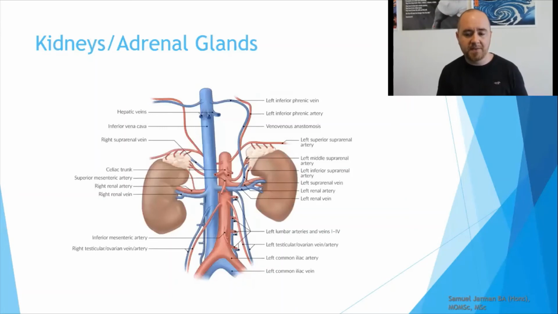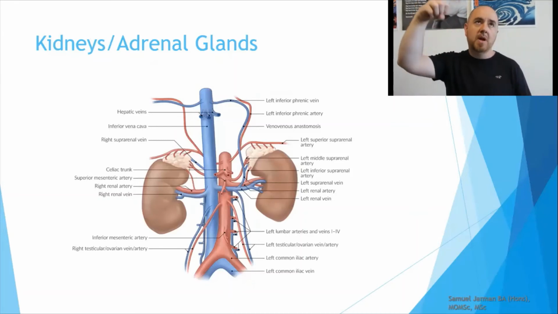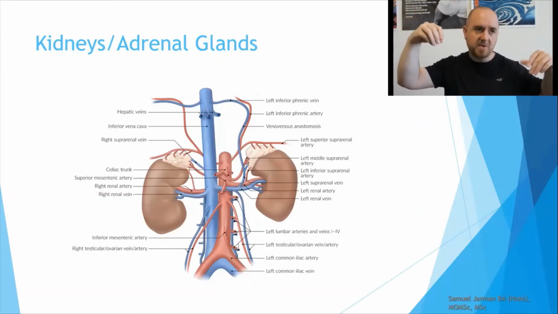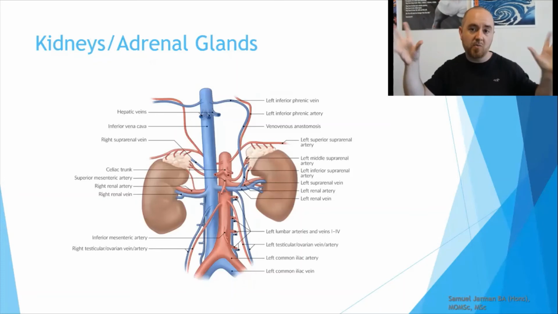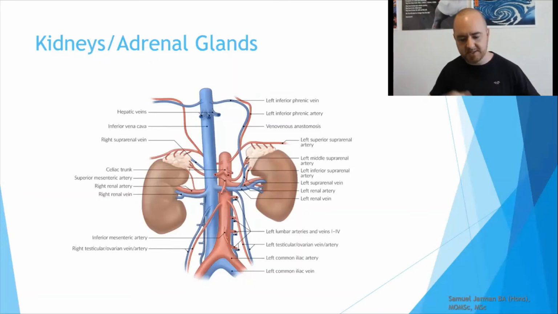Now, if we consider the kidneys and the adrenals, they are going to receive mostly sympathetic tone from the least splanchnic nerve, which is going to then go down and mix with the vagus to some degree, and then that's going to go through the aorticorenal ganglia and then create the renal plexus. So that's going to follow the renal arteries.